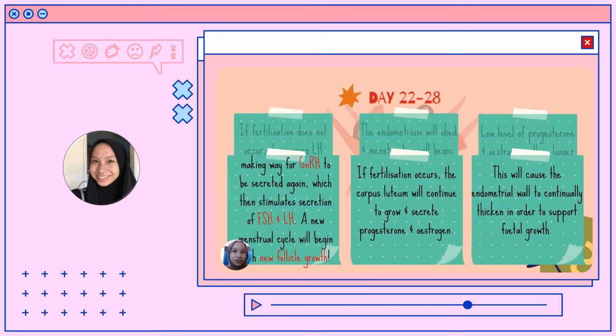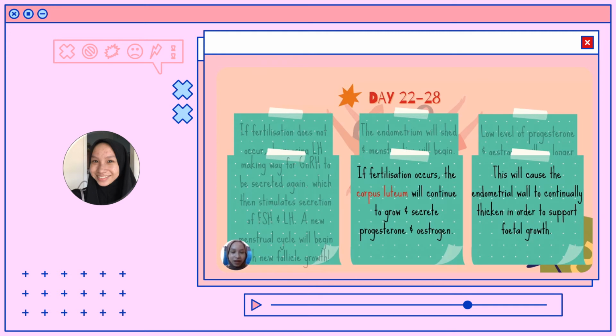This will make way for GnRH to be secreted again. So GnRH will secrete the hormones FSH and LH, right? Remember, FSH and LH function to stimulate the development of new follicles. So we can conclude that the new menstrual cycle will begin with a new follicle.